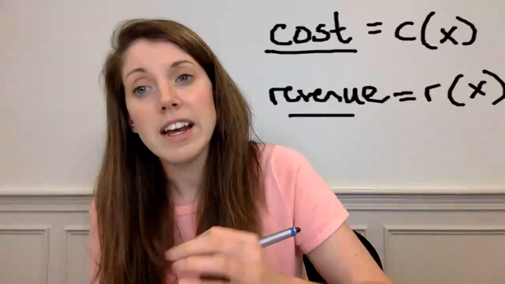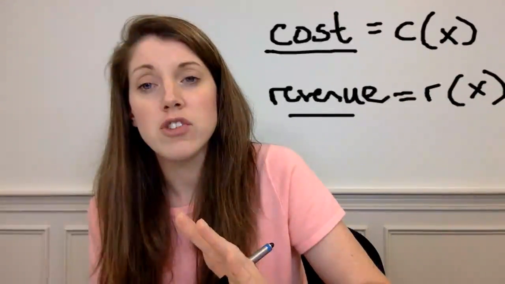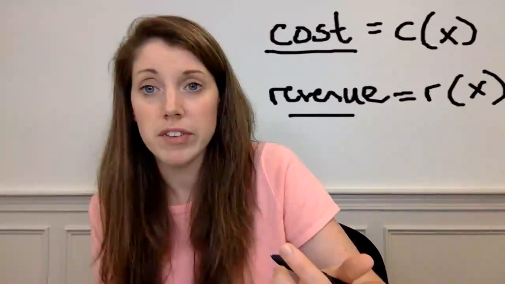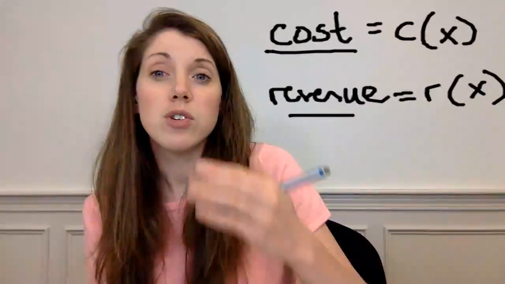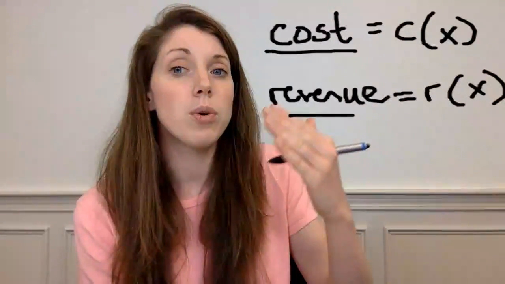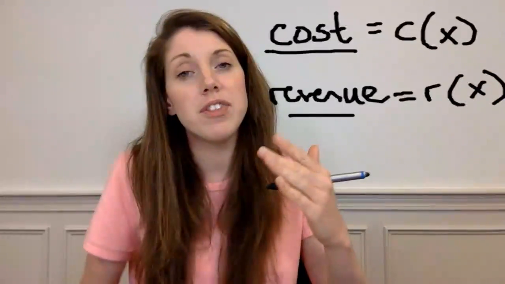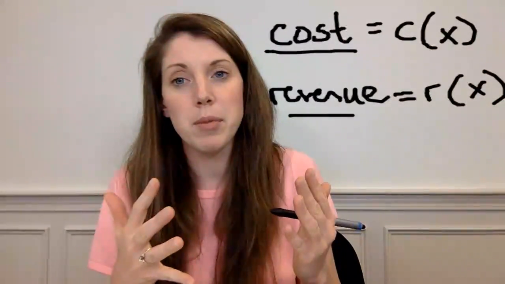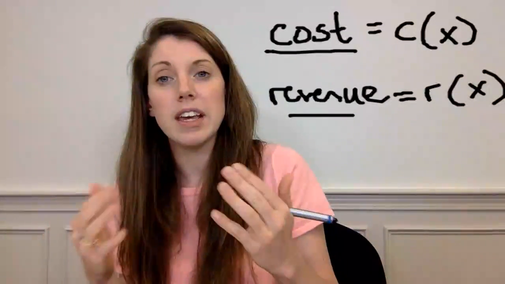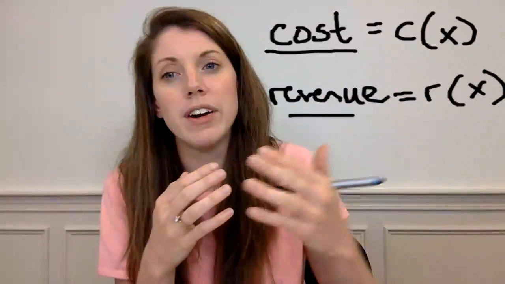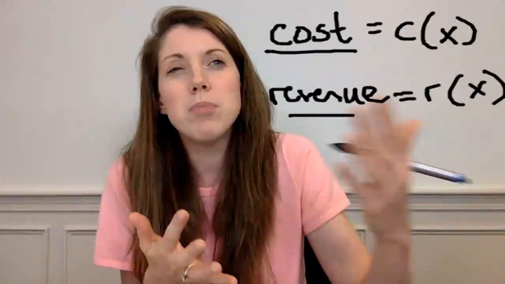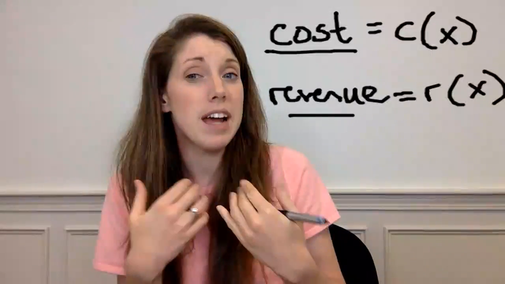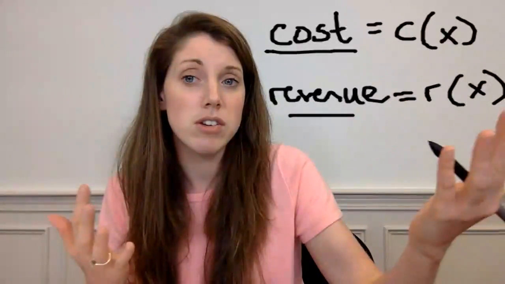In the economics business world, there's a term called marginal cost or marginal revenue, which refers to how the cost or the revenue is changing if we were to make, loosely speaking, because it's a little bit more exact than this, the cost of making one more. So if we're making 10, how much more is it going to cost if we decide we're going to make one more? Or how much more could I bring in if I decide that I'm going to create one more?